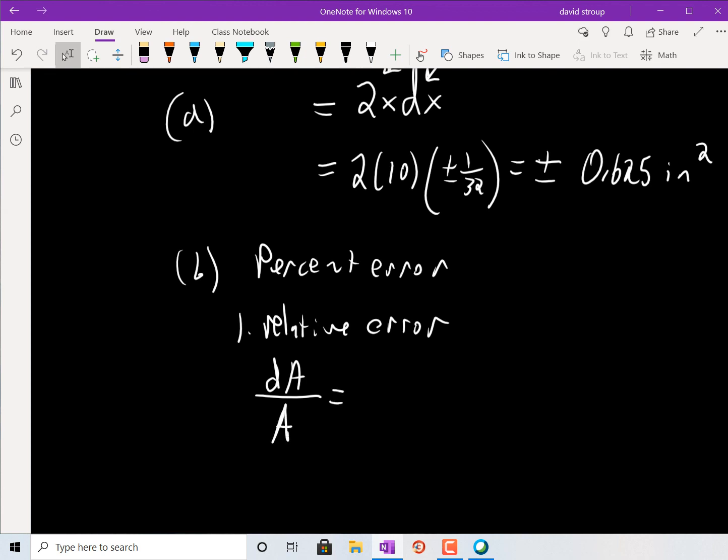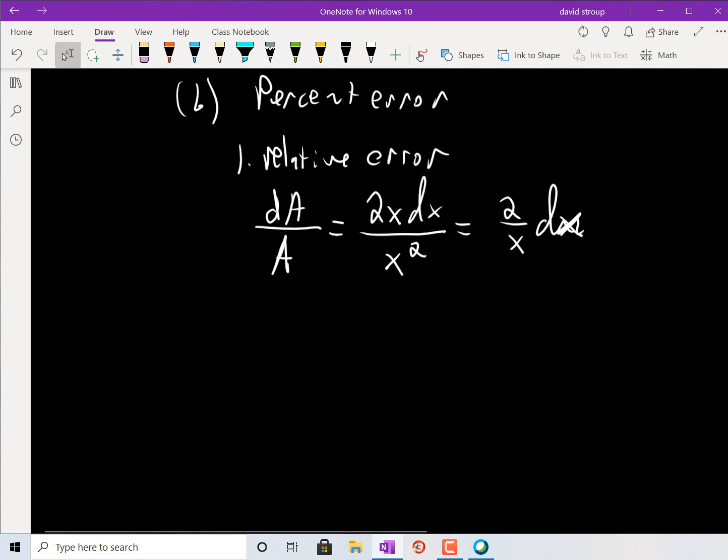On the top we had 2x dx, and the area formula itself we just said was x squared. Then we simplify this, we'll get 2 over x times dx, and then for the relative error you just do substitution. For this particular case, it'll be 2 over 10 times plus or minus 1 over 32.